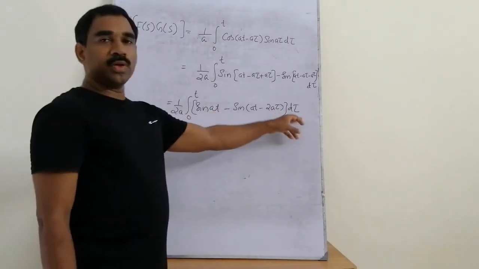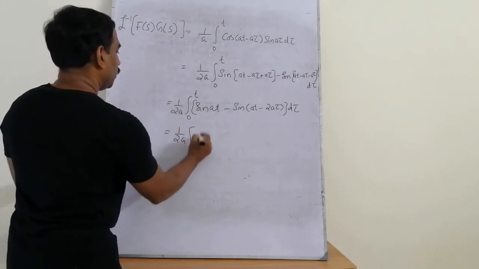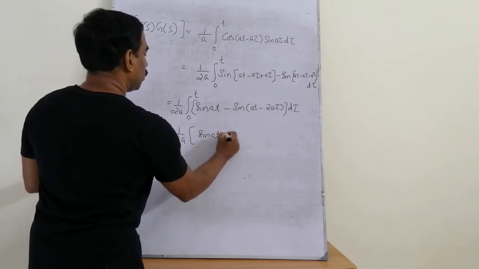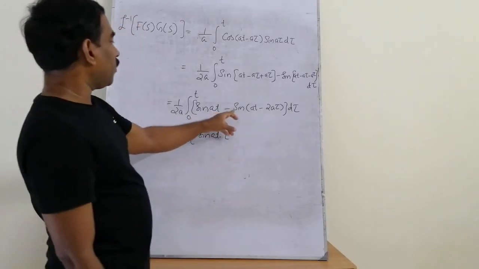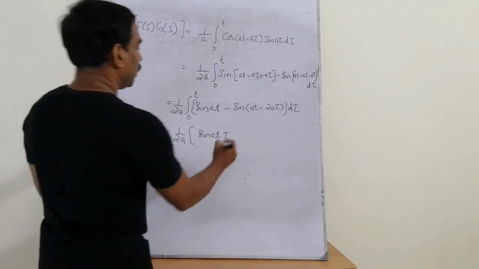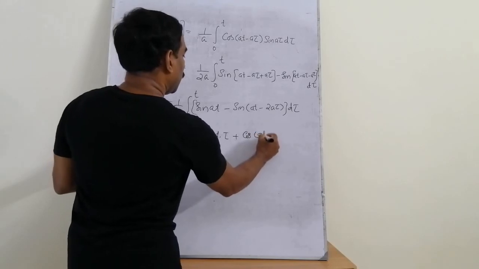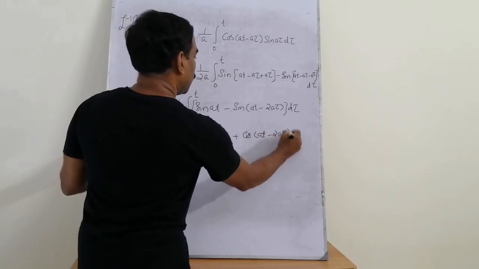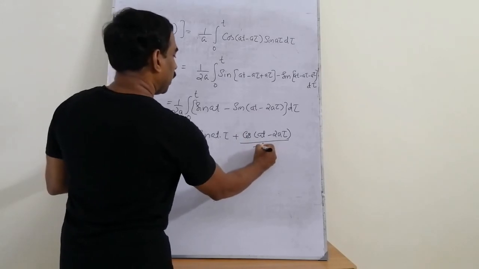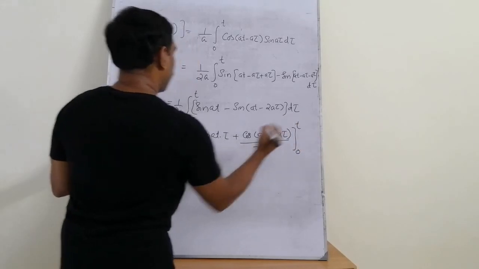Now integrating with respect to tau, this is equal to 1 by 2a into the integral of sin a t with respect to tau, so this is sin a t into tau, and the integral of minus sin(a t minus 2a tau) with respect to tau, that is plus cos(a t minus 2a tau) divided by the derivative of this with respect to tau, that is minus 2a, complete within the limit 0 to t.